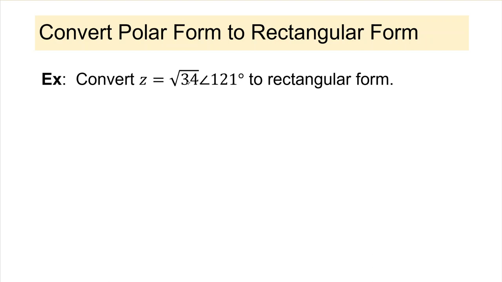Rectangular form, remember, is a plus bi. So I need to convert my r and my theta to an a and a b. So how am I going to do that? Well, I'm going to use the rules that we discussed earlier. And if you forget them, just draw your little right triangle, and you can recreate them very easily.